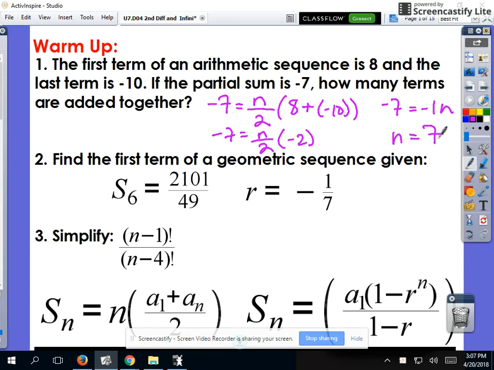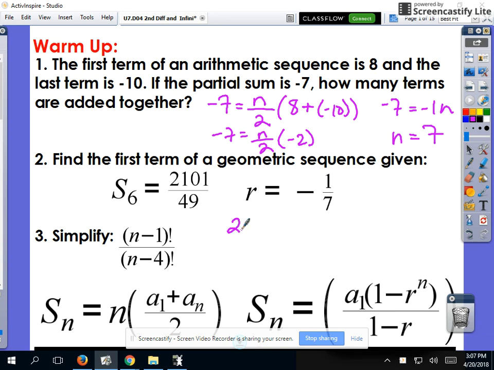For number 2, you have S sub 6. I'm not going to have enough space. I know the answer ends up being 49. But the way you set it up is similar to what we just did with number 1.